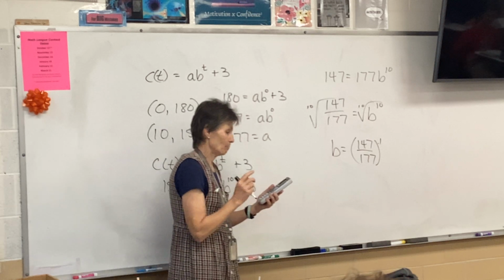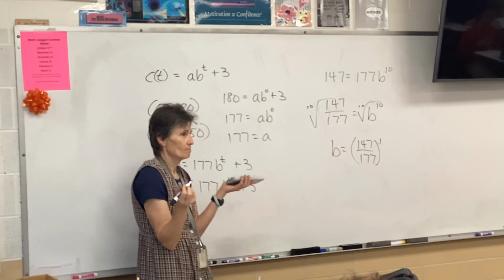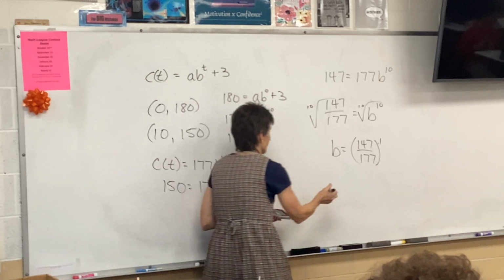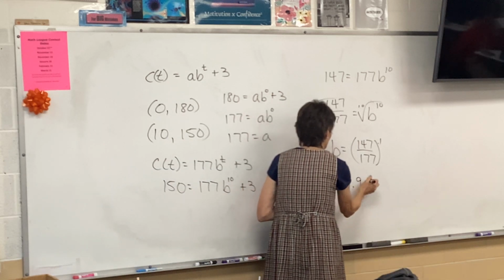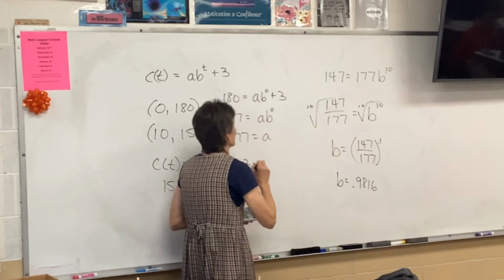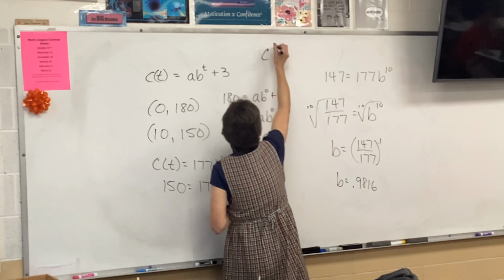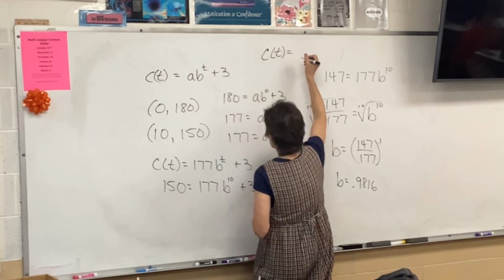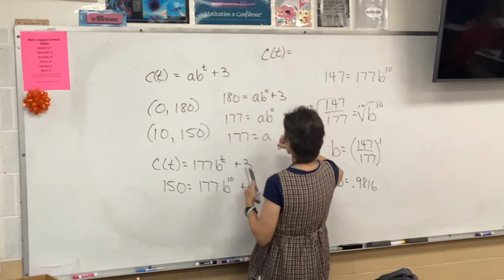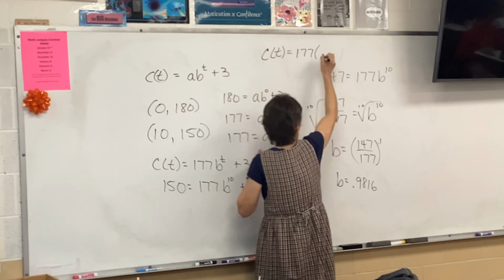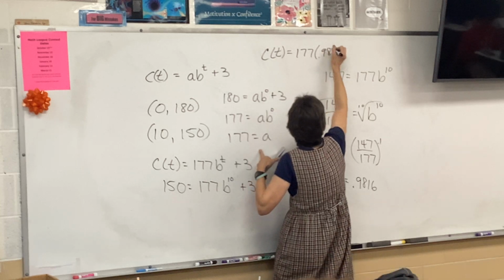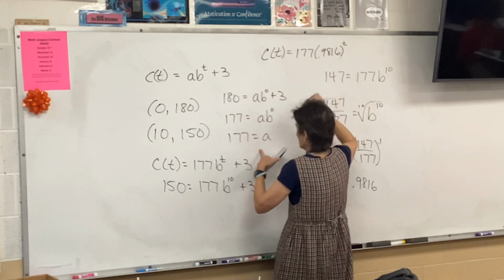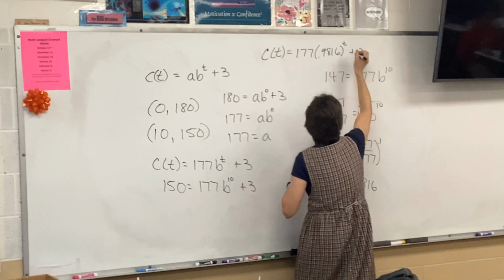Did you get like 0.9816? So my equation, what was A? 177, 0.9816 to the t plus 3.